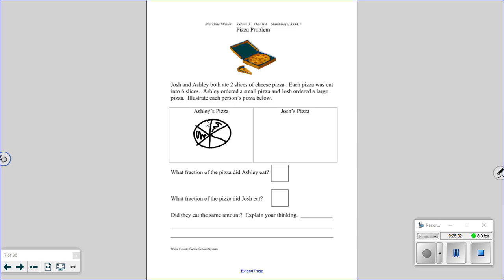Well, what was this piece worth? That was 1/6. What was that piece worth? 1/6. We've got 1/6 plus 1/6. How much does she eat? 2/6. Underneath that, write our fraction 2/6.